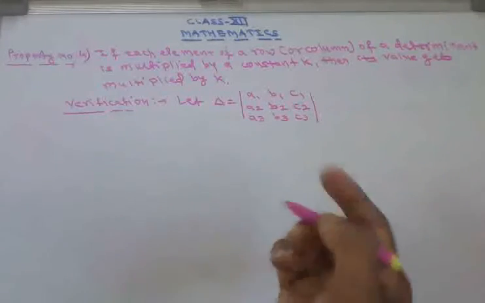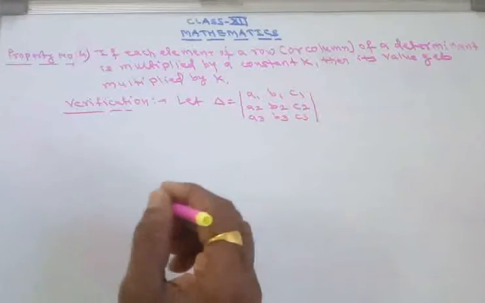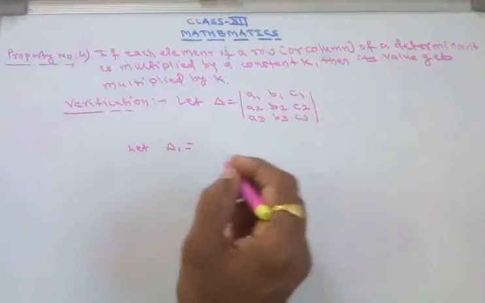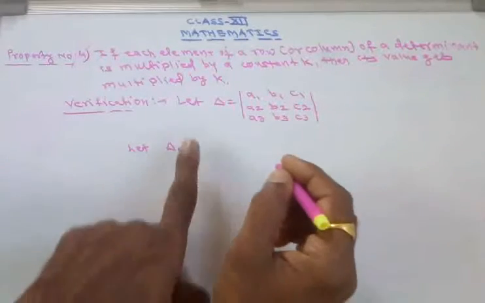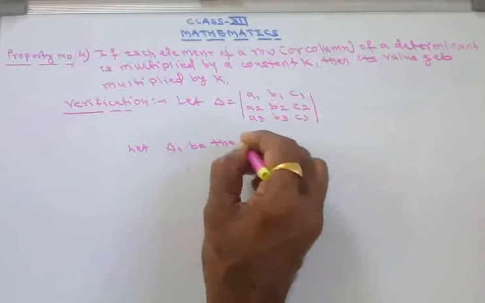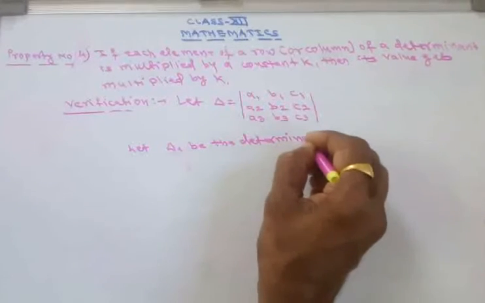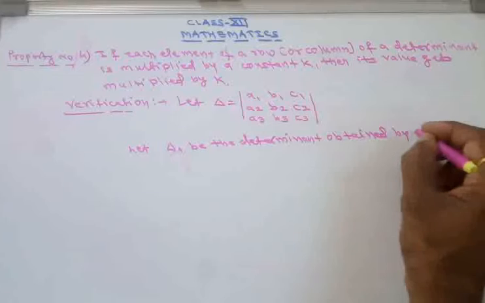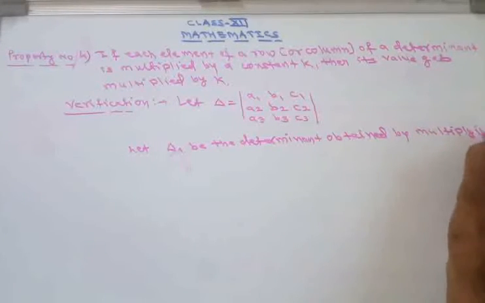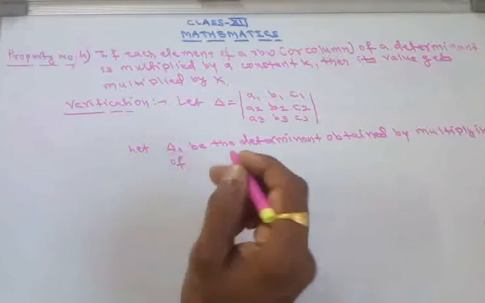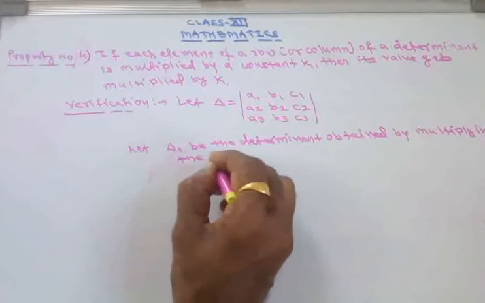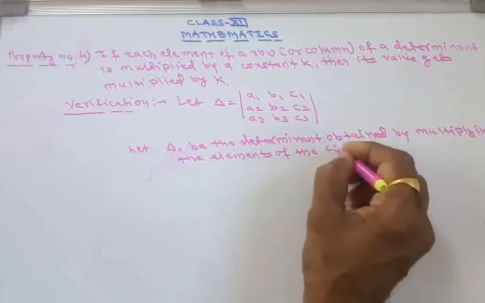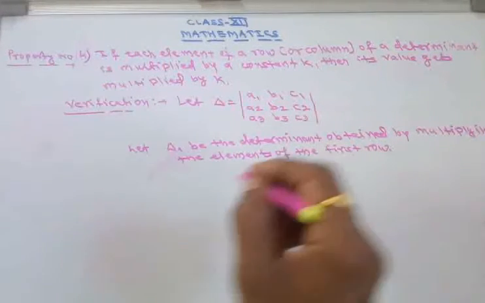Let delta 1 be the determinant obtained by multiplying the elements of the first row by k.